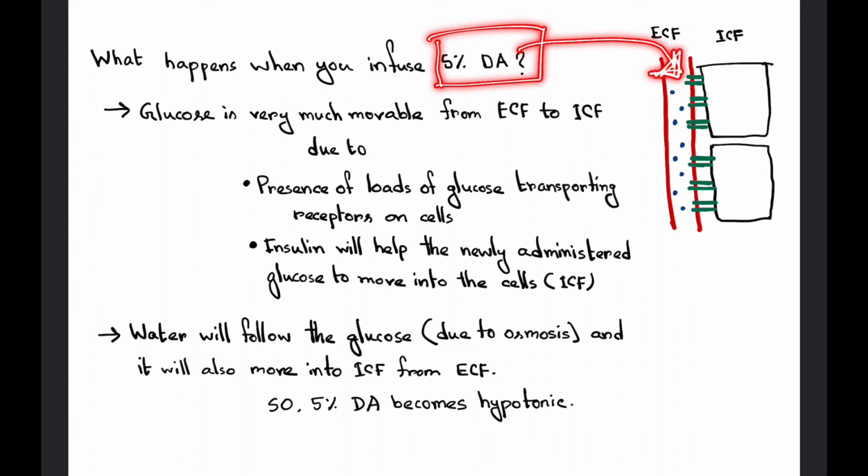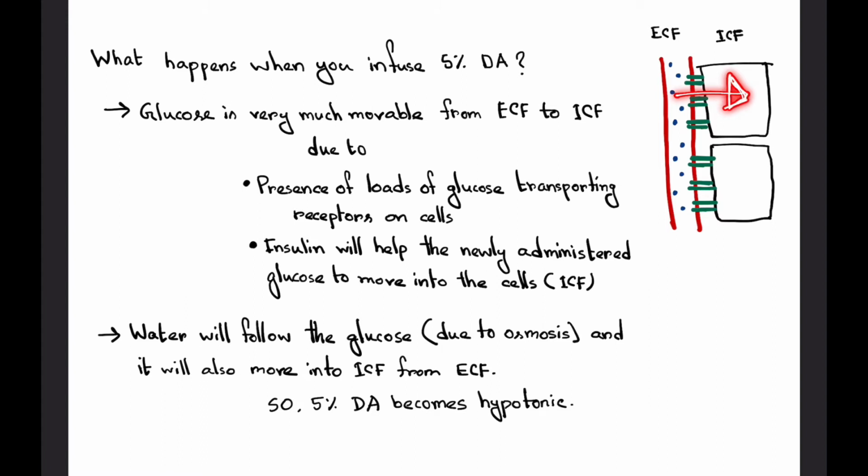The 5% DA obviously contains a certain amount of fluid, and as the glucose gets in contact with a lot of fluid here, this compartment becomes hypotonic, and the glucose will want to move from the ECF into the ICF, due to its being highly osmotically active.